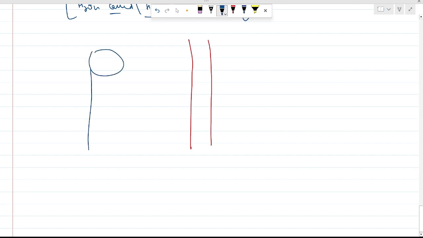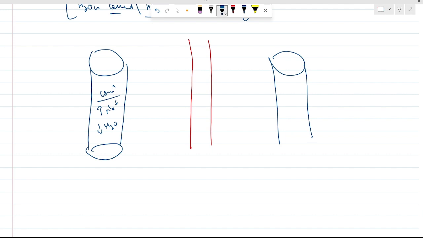So we are going to see, this is a membrane. Here, the concentration of sodium is high and water is low, and here the concentration of sodium is low, water is high.